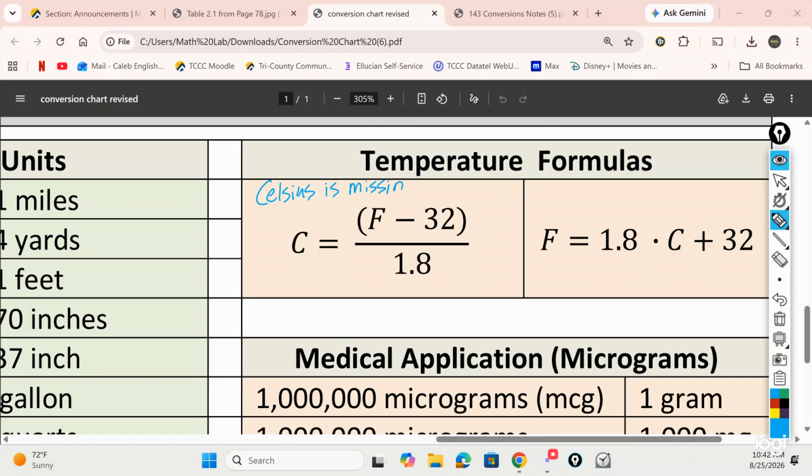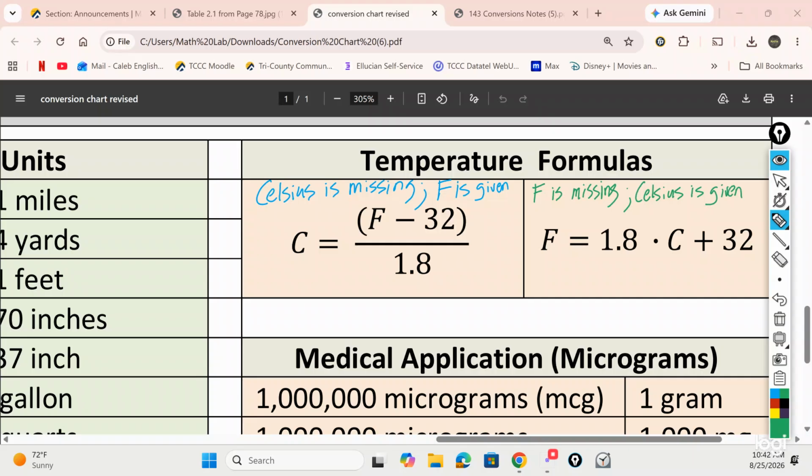Or another way you could look at it is Fahrenheit is given. So with that formula, Celsius is missing, Fahrenheit is given. This one over here is the opposite. So Fahrenheit is missing, and Celsius is given on that one.